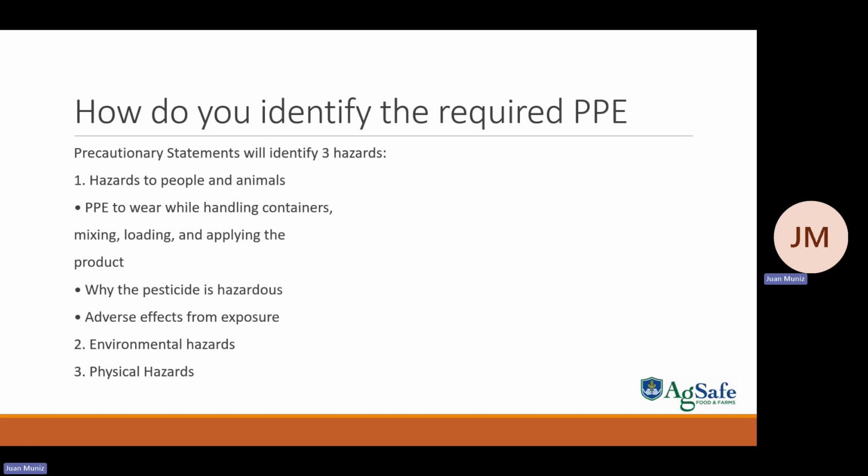The second hazard is environmental hazards, which mention any concerns regarding environmental hazards, such as damage to waterways, damage to honeybees or other sensitive areas, maybe even air contamination.